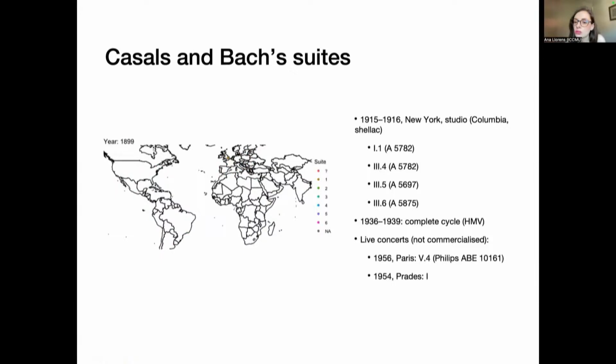And over the course of 4 decades, at least, he recorded different versions of the sarabandes, from 1915 to 1954 at least. The peak of this engagement was naturally his recording of the entire cycle of 6 suites in the 1930s for His Master's Voice on 12-inch shellac discs.